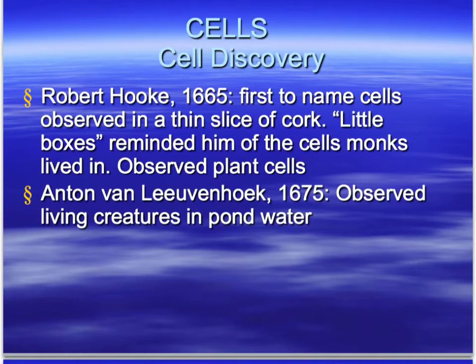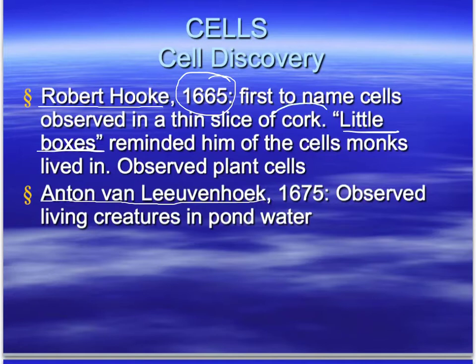Now, look, there are hundreds of scientists that contributed to the discovery of cells, and I'm definitely not doing it justice by just talking about two scientists. But I want you to pay attention to the year. 1665 was the year that Robert Hooke first took a look at these little boxes, as he called them.